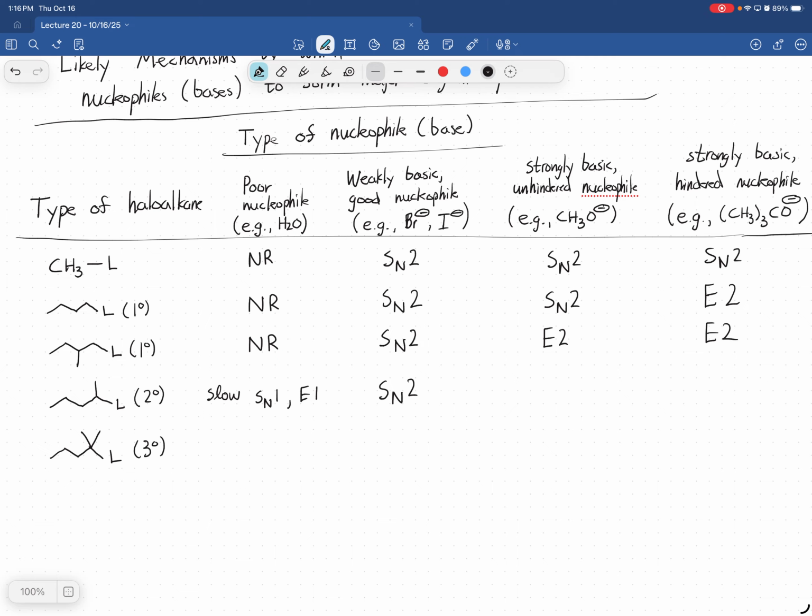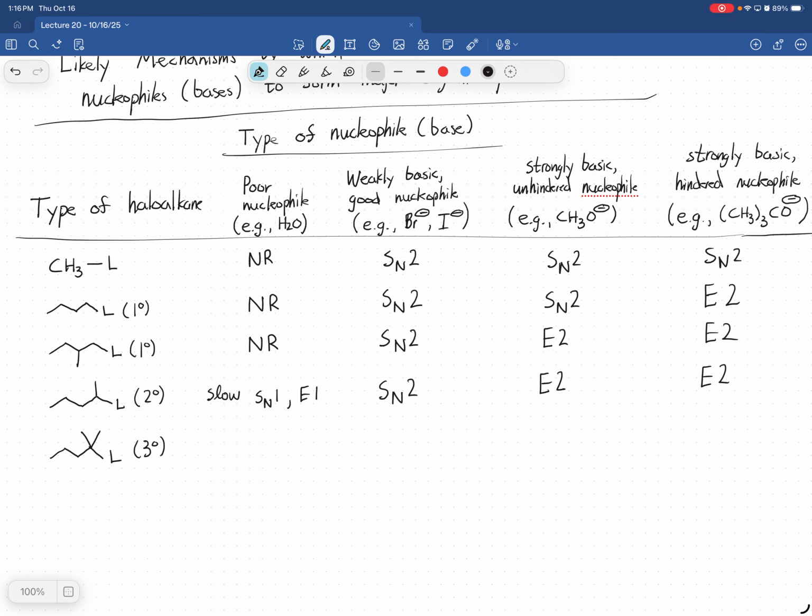So that will probably favor which mechanism? If it's strongly basic. Yeah, E2. So think E1, pretty much poor nucleophiles. And then E2, strong nucleophiles, strongly basic.